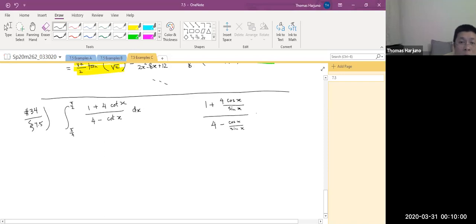So if I multiply by sine x for each term, I honestly don't know where we are going from here. Sine x plus 4 cosine x over 4 sine x minus cosine x.